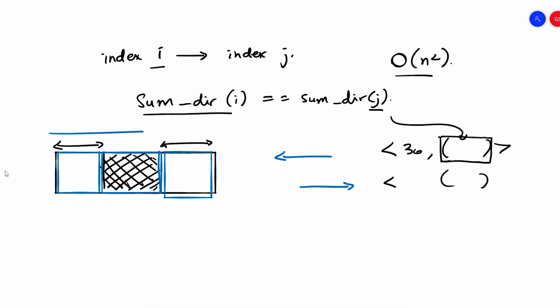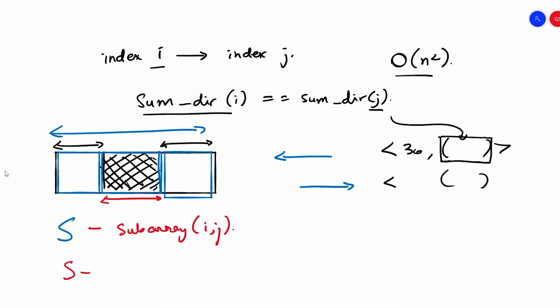So let's take the total subarray sum to be capital S. Let's take this subarray sum to be clearly subarray of I to j, right? What is that? That is equal to S minus, if we define this as a prefix sum, we have 0 to j minus 1 and 0 to I, right?